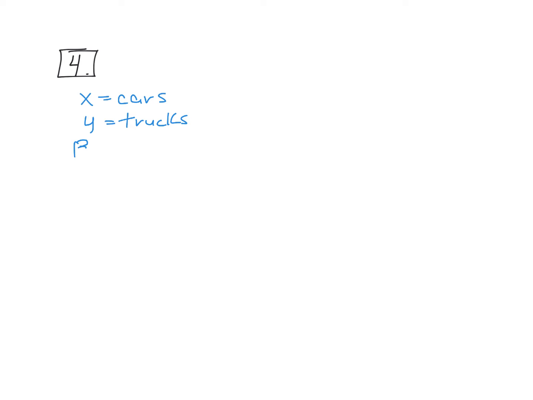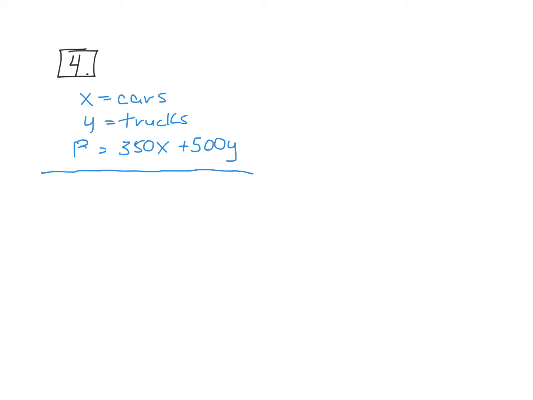I'm going to write a profit equation. And that equation is we're going to make $350 on each car and $500 on each truck. Then I'm going to draw a line separating that because I'm not going to graph that profit equation.